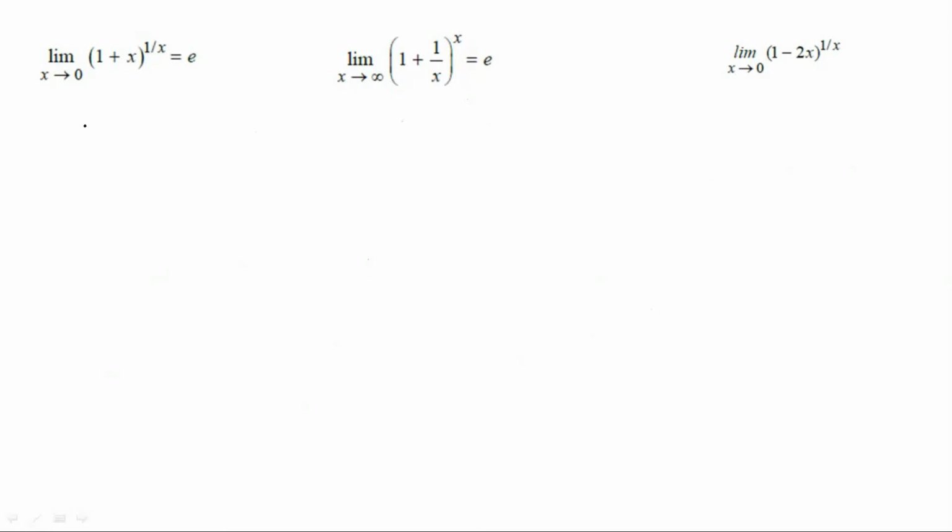The next question is L is equal to limit x tends to 0, (1 minus 2x) to the power 1 by x. So if we put x is equal to 0, then limit x tends to 0, (1 minus 0) to the power 1 by 0 is equal to 1 to the power infinity.